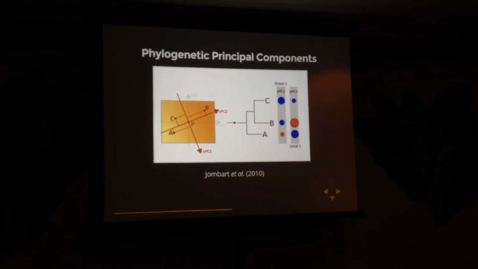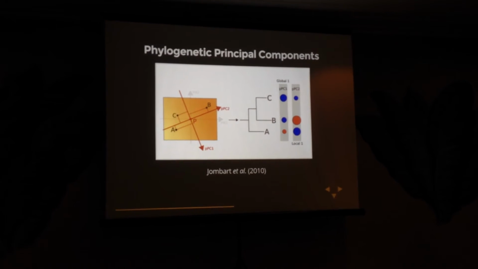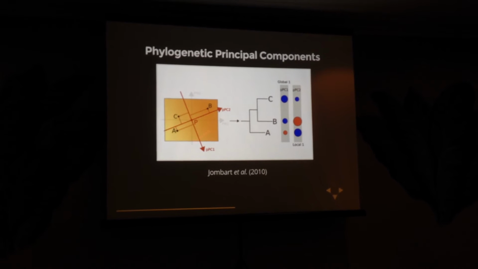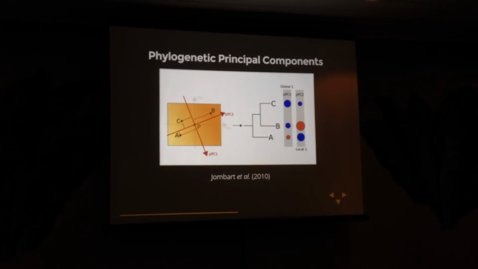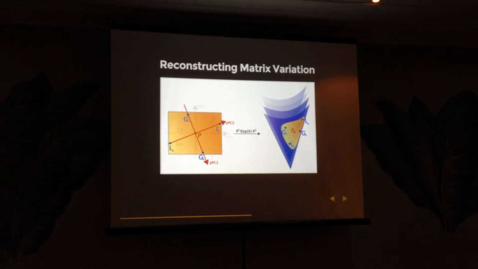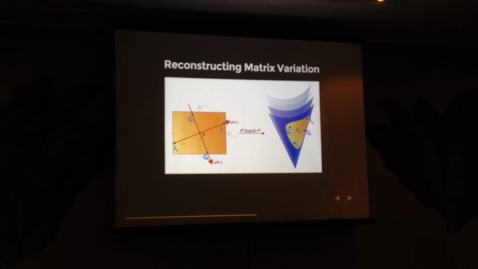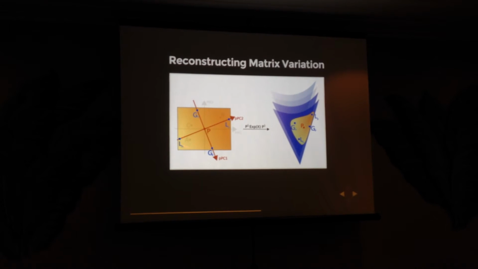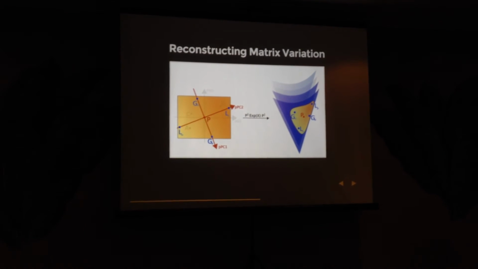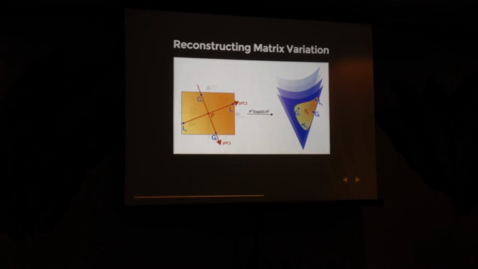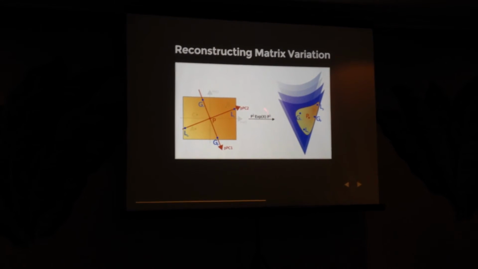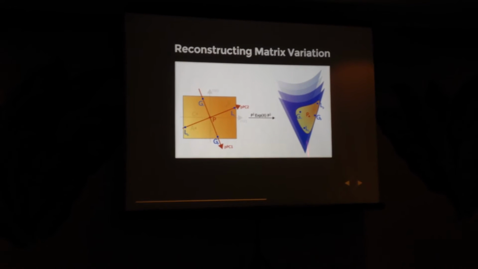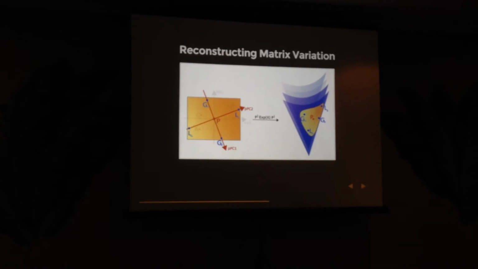We can differentiate between these two types of principal components, as I'll show you later. In order to describe what these axes represent, we take the upper and lower limits of each axis, as represented by their empirical 95% confidence intervals, and we reconstruct the matrices and put them back into their non-Euclidean space.